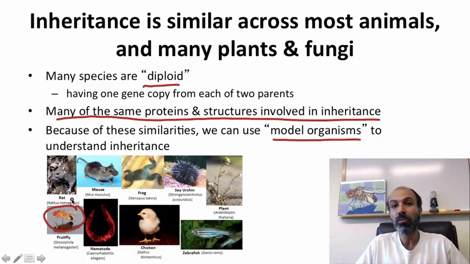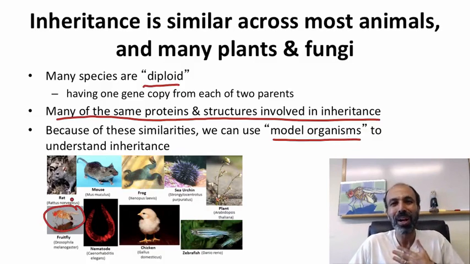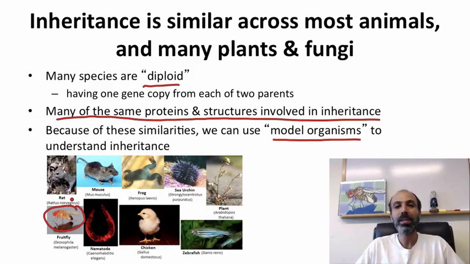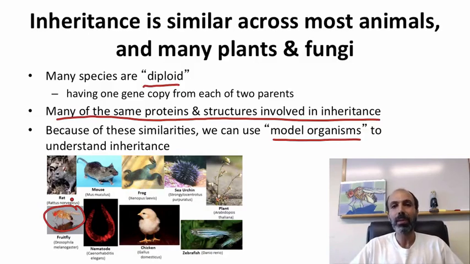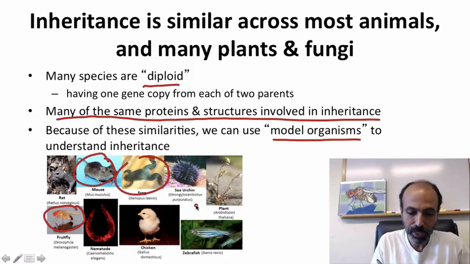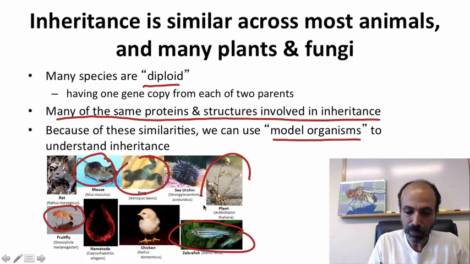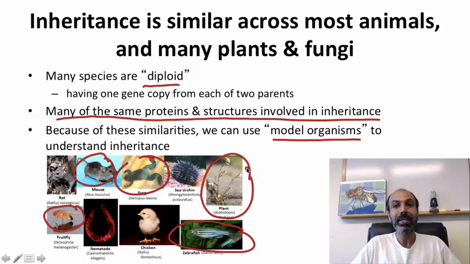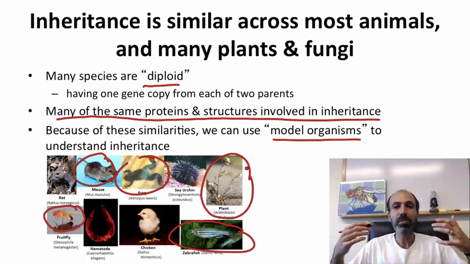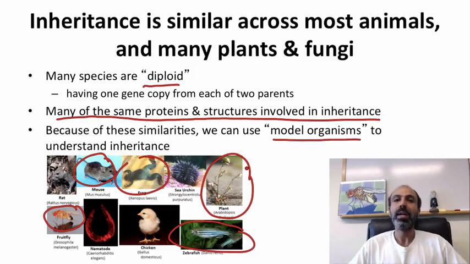People don't work on fruit flies because they love fruit flies or want to kill fruit flies. They use them because they're easy to work with in the laboratory. Same sorts of things for mouse, for Xenopus frogs, for zebrafish, for this plant right here called Arabidopsis thaliana. This is why people use model organisms, because patterns of inheritance and the genes involved tend to be the same across most living species.